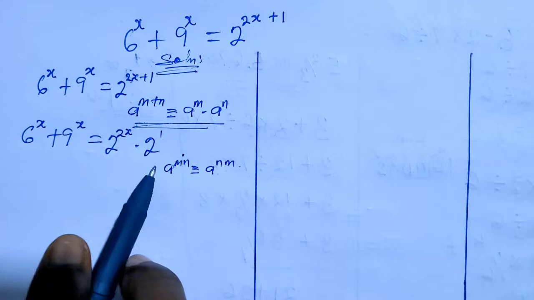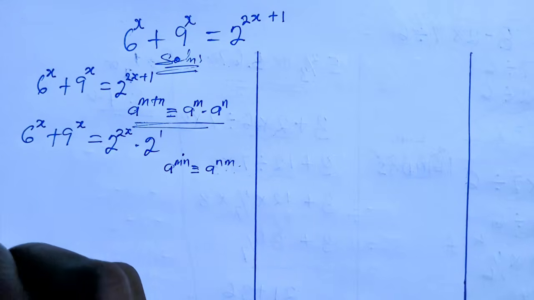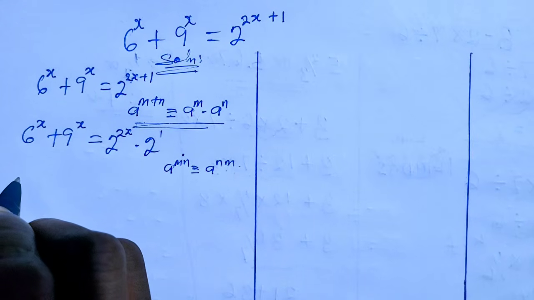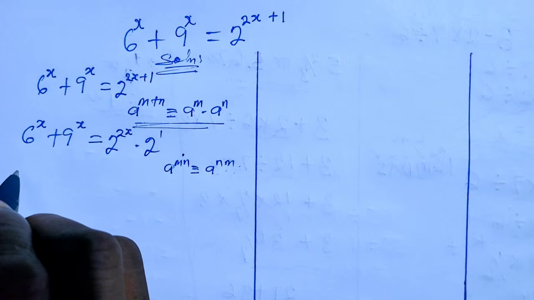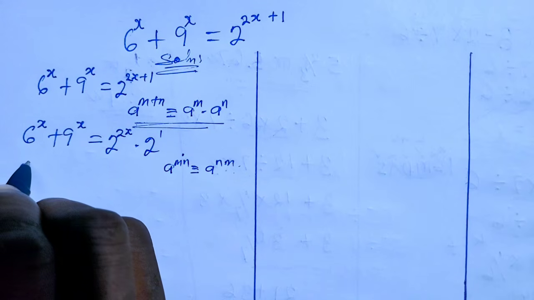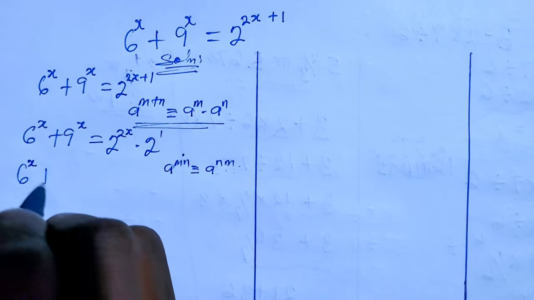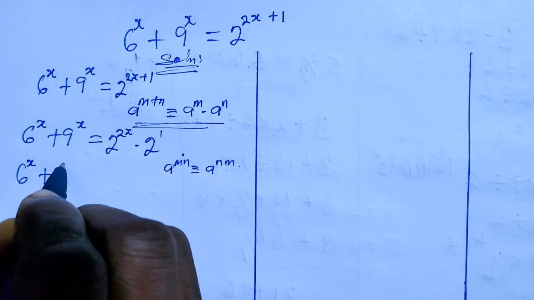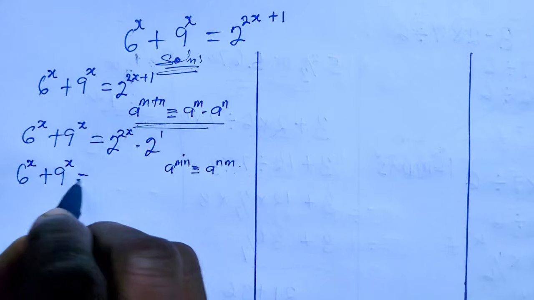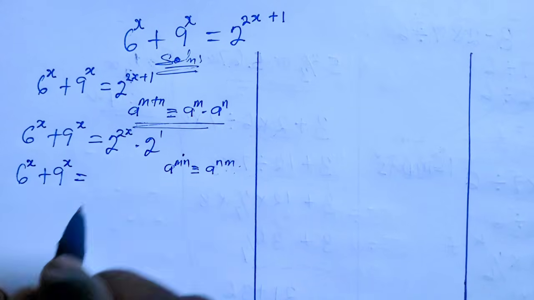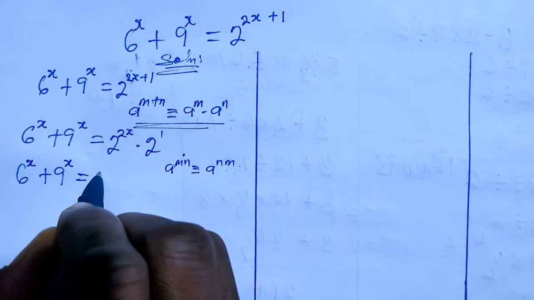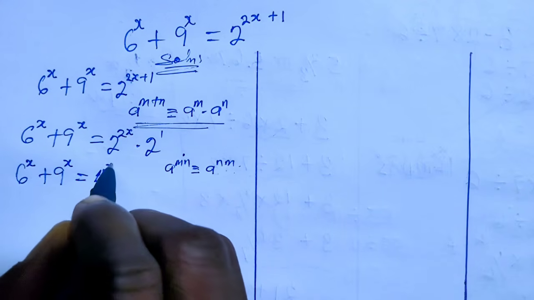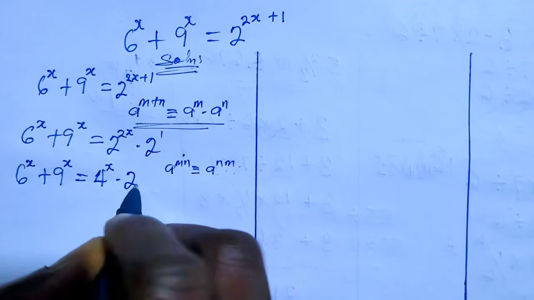We are going to apply this same law here, and we have 6 to the power of x plus 9 to the power of x equals 2 to the power of 2, that will give us 4 to the power of x multiplied by 2.